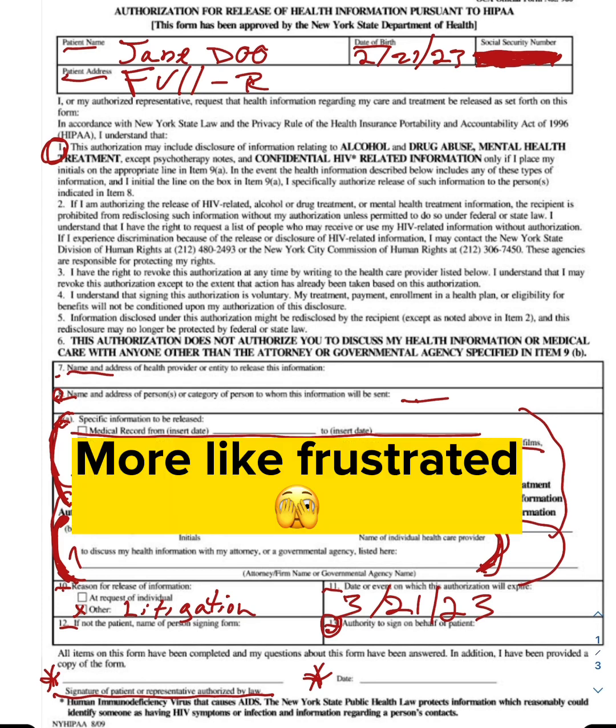Now, moving on to the signature portion. Again, signature of patient or representative authorized by law. I get a little excited when I discuss this portion, because you have no idea how many people believe that simply being the wife or the husband or the daughter or the granddaughter who takes care of their elderly is enough.